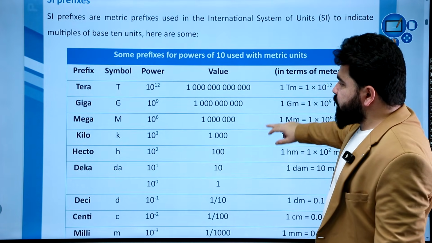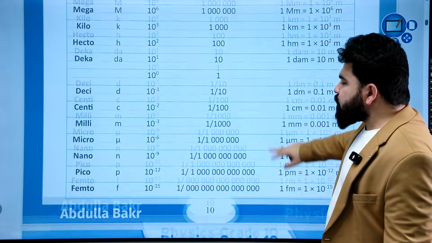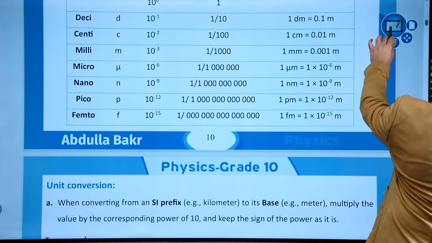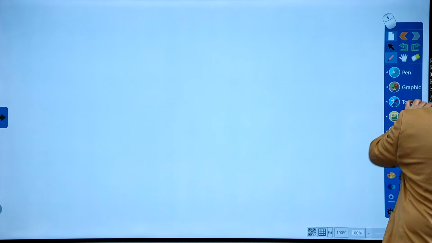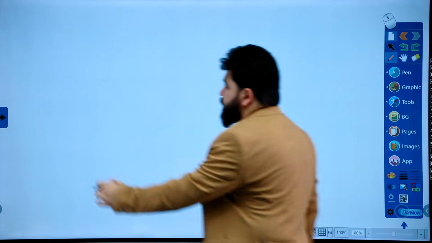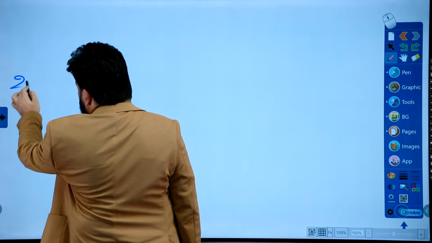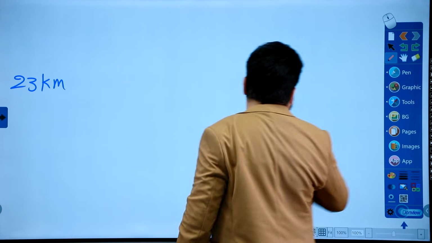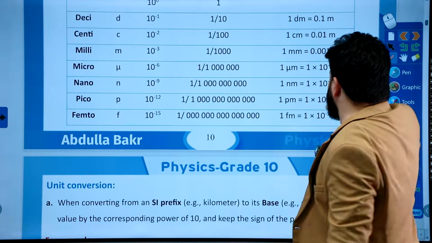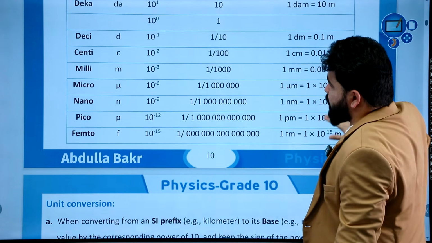Okay, so we have prefixes. This is basically unit conversion. Let's take some examples. Let's say you have 23 kilometer. Okay, before we do that, let's check the prefixes. So the prefixes are what?